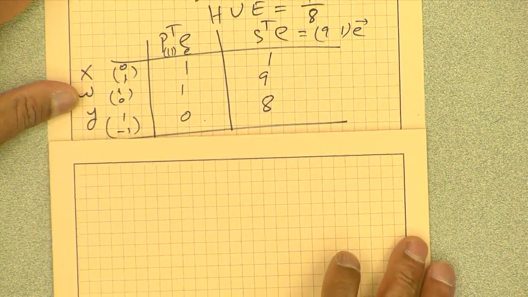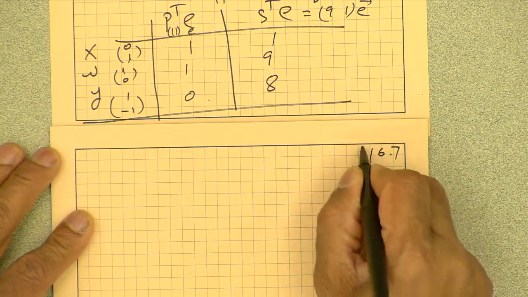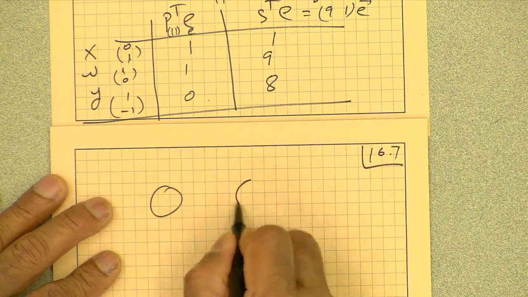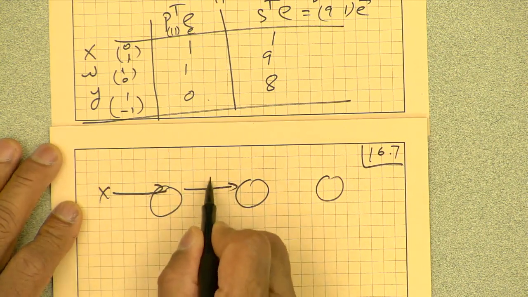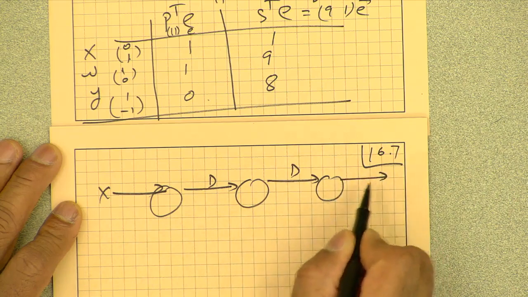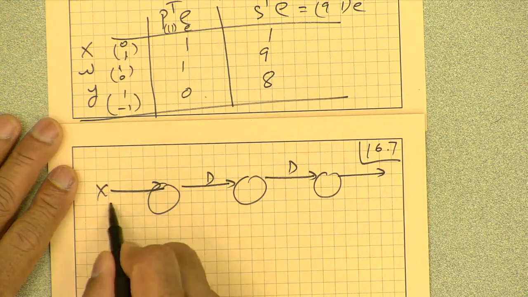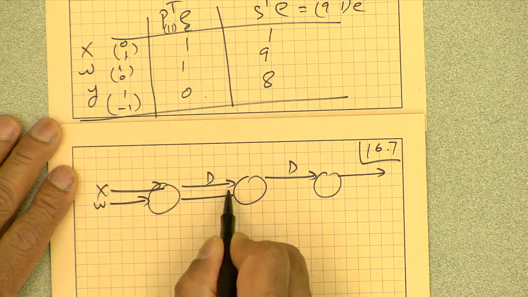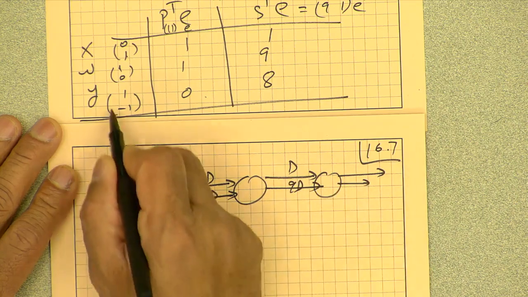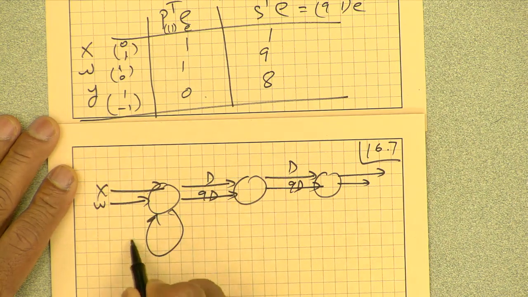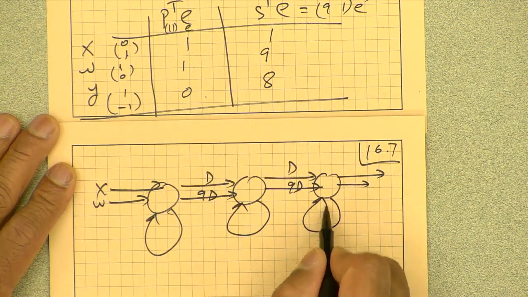And if I then draw the high level diagram of the systolic array that satisfies those quantities, this says x goes to the right with 1 delay, w goes to the right, P transpose is 1, with 9 delays, and output y stays in the same PE, that's processor displacement 0, with 8 delays.